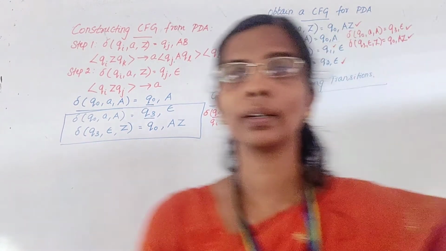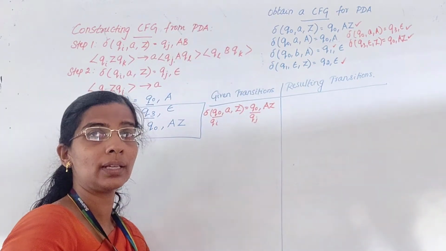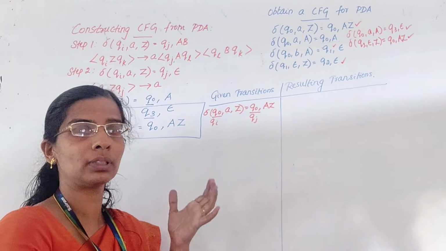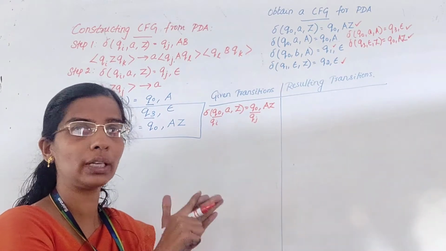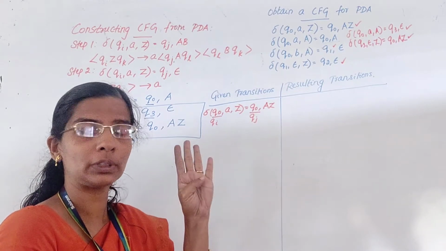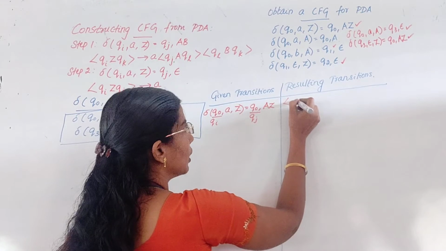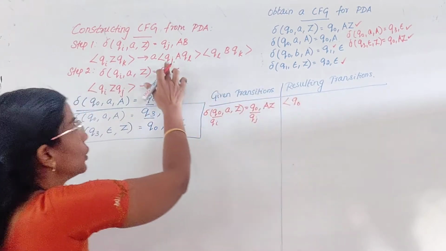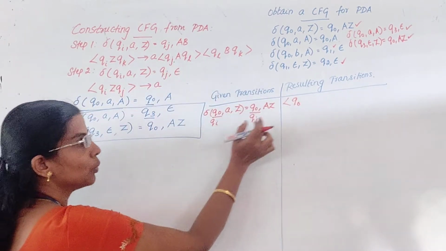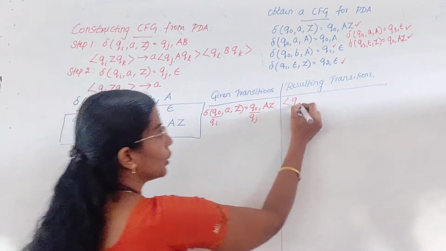Right, I have 5 transitions and totally how many states are there? Till Q3 I have. Q0, Q1, Q2 and Q3. So both K and L will take 4 possible values. Right now, I have to start with Qj. Qj is Q0, sorry, LHS, Qi.